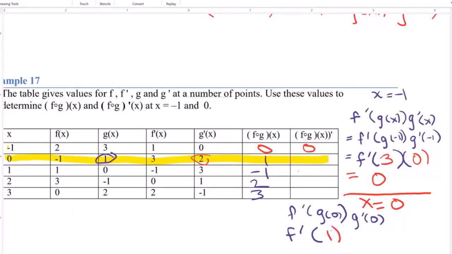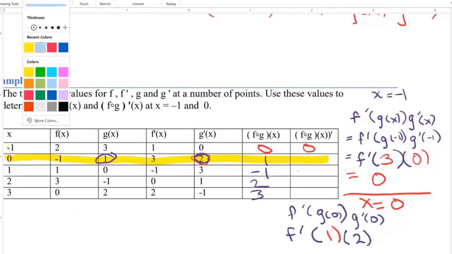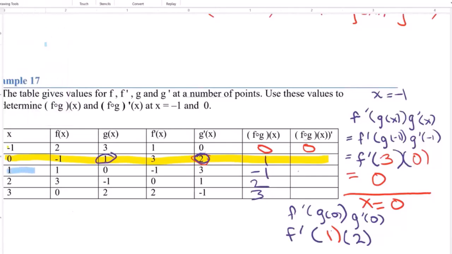And then we have g prime of 0. g prime of 0 is 2. But now what's f prime of 1? Well, now we have to go to a different line, because when x is 1, we're on this line.